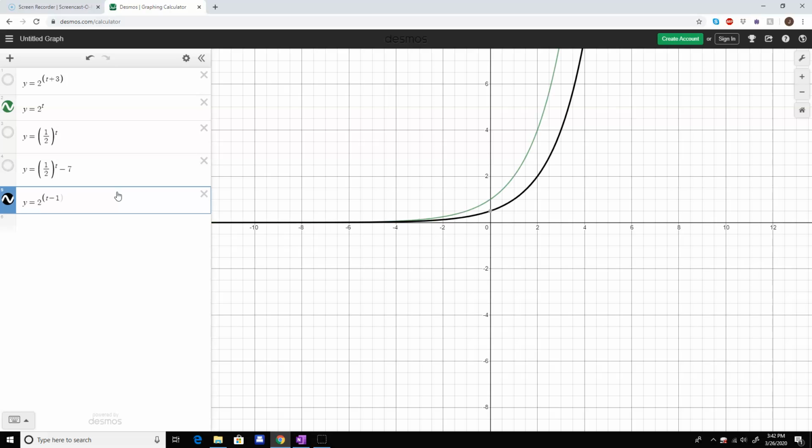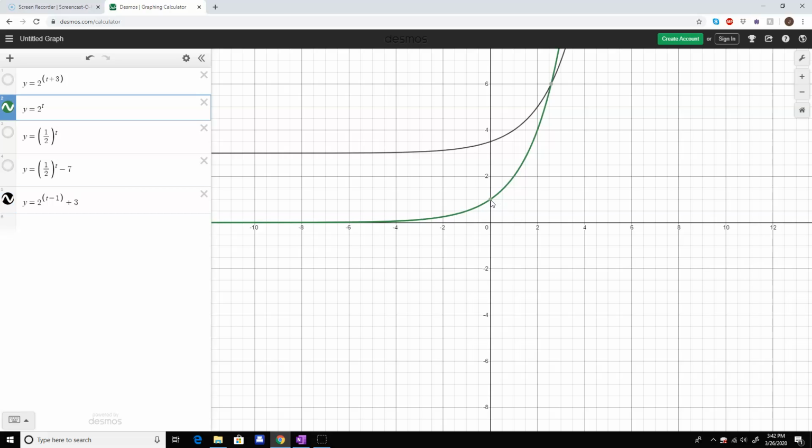So t minus 1, and then plus 3. So we saw that it did 2 things. If you look at this point, it should move right 1. So this value right here is 0, 1. Right 1 would be here, and then up 3 would be up 1, 2, 3. We see it falls exactly where we expect. Again, it's got a hair trigger here, so it's kind of difficult to put it on exactly the point, but we see that that's exactly how it was translated.